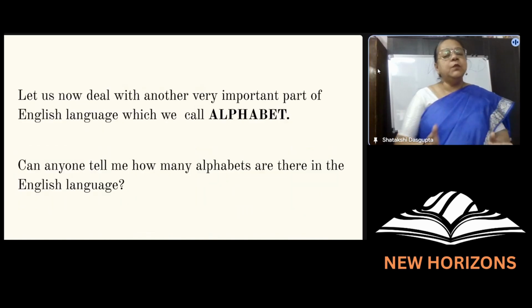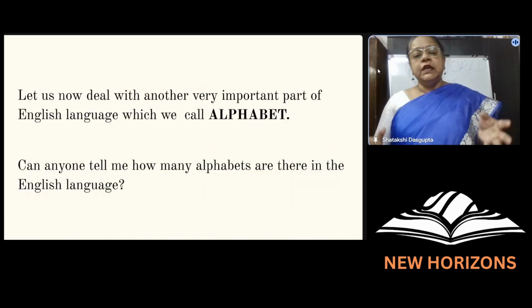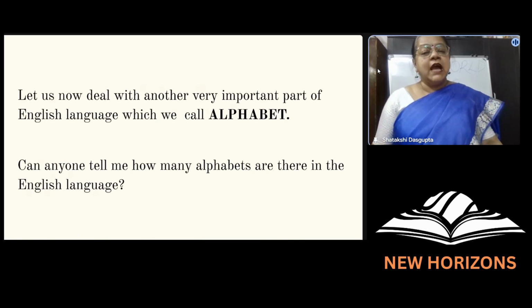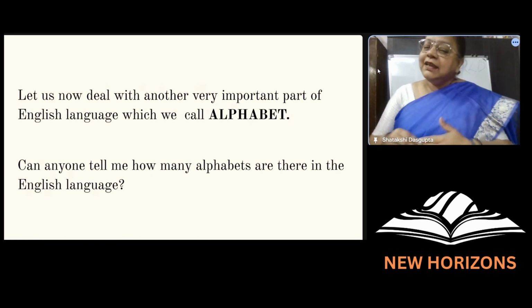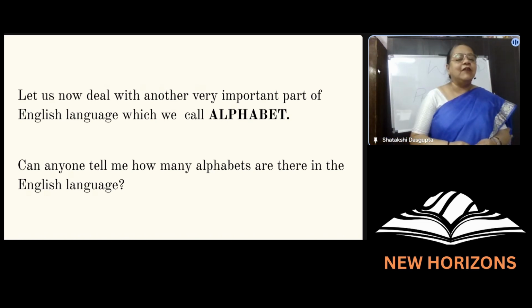Now, children, let us deal with another very important part of the English language, which we call alphabet. You all are aware of it. You are in your senior classes. Can anyone tell me how many alphabets are there in the English language? 26.